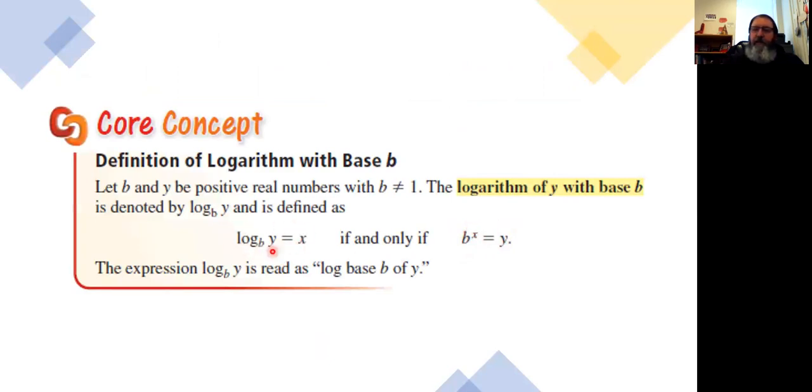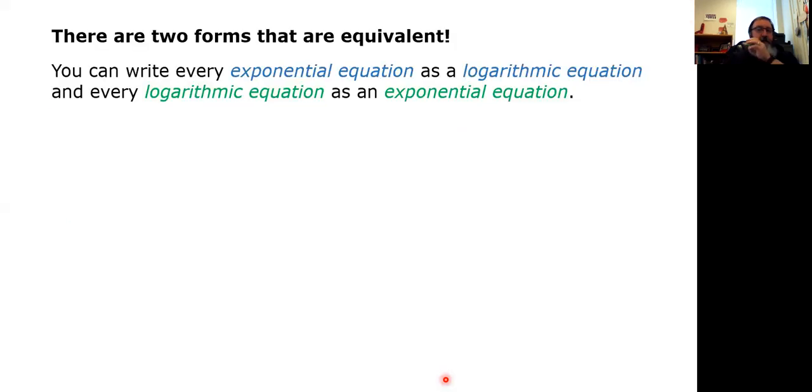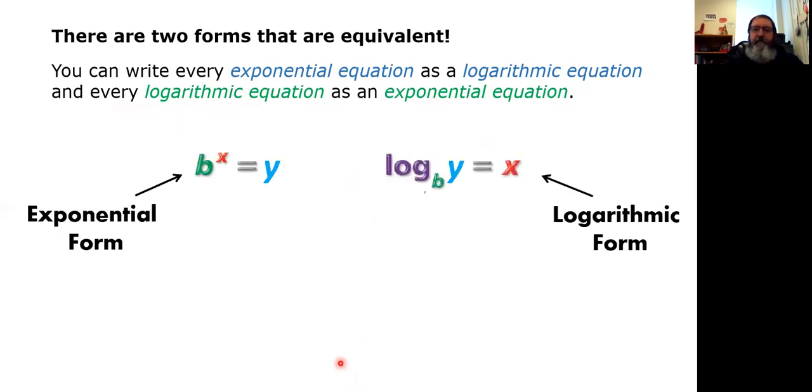This is a logarithmic equation. So every exponential equation can be rewritten as a logarithmic equation, and every logarithmic equation can be rewritten as an exponential equation. So we can go back and forth between the two. How do we do that? Actually, it's pretty easy.